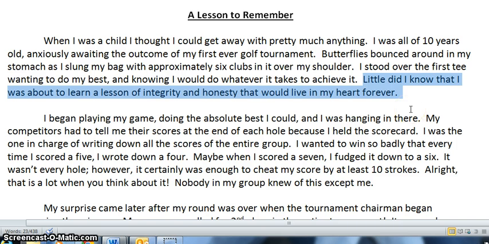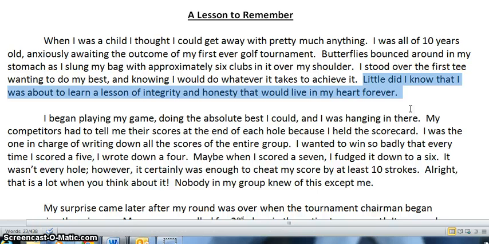"I was all of 10 years old, anxiously awaiting the outcome of my first ever golf tournament. Butterflies bounced around in my stomach as I slung my bag with approximately 6 clubs in it over my shoulder. I stood over the first tee, wanting to do my best and knowing I would do whatever it takes to achieve it."